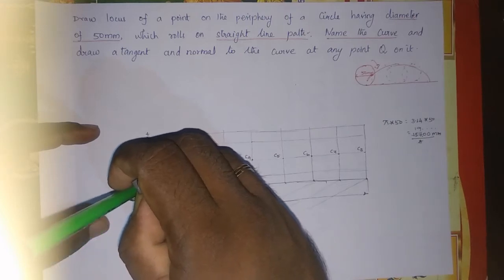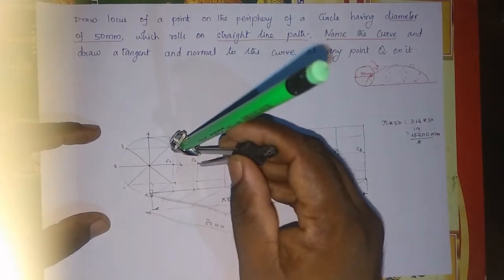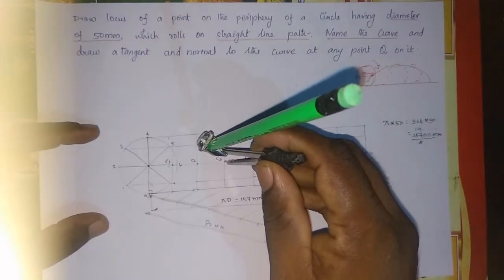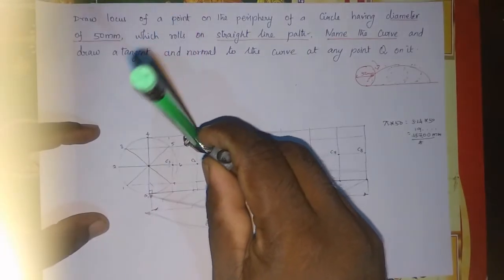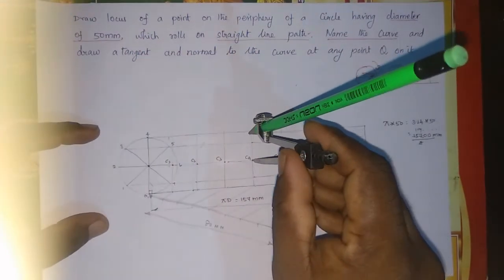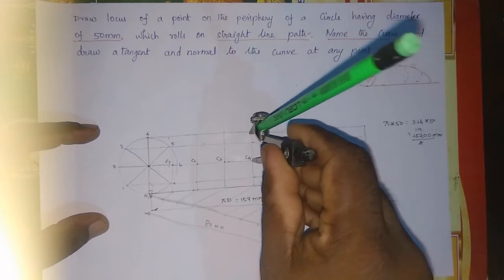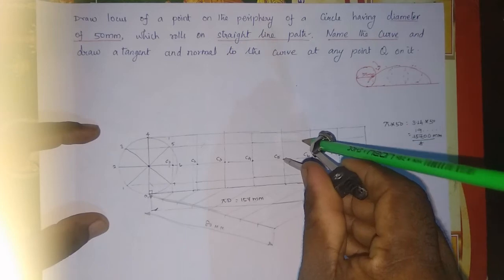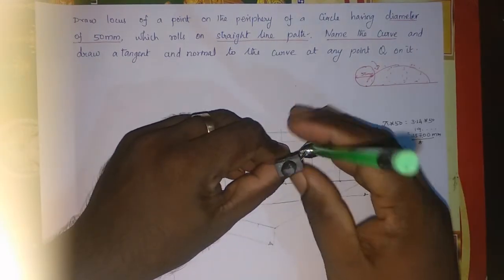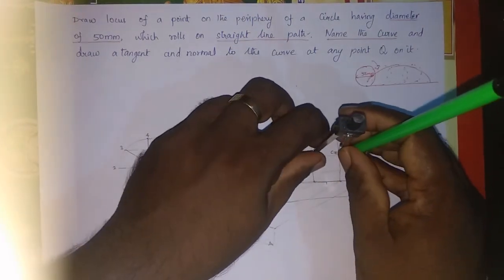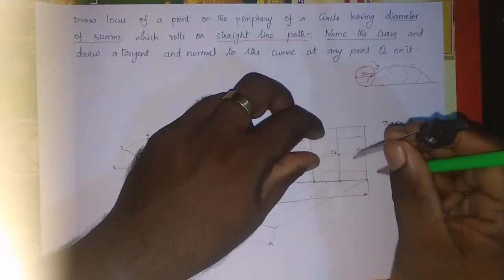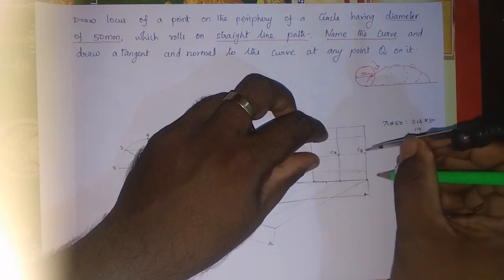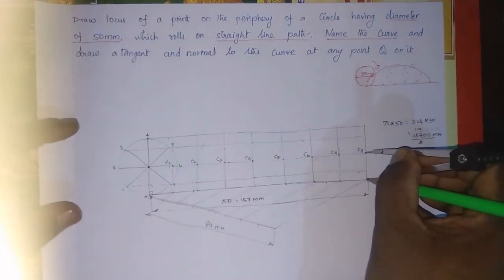For C1 to 1 and C2 to 2, and C3 to 3, and C4 to 4, C5 to 5, and C6 to 6, C7 to 7, C8 to 8.